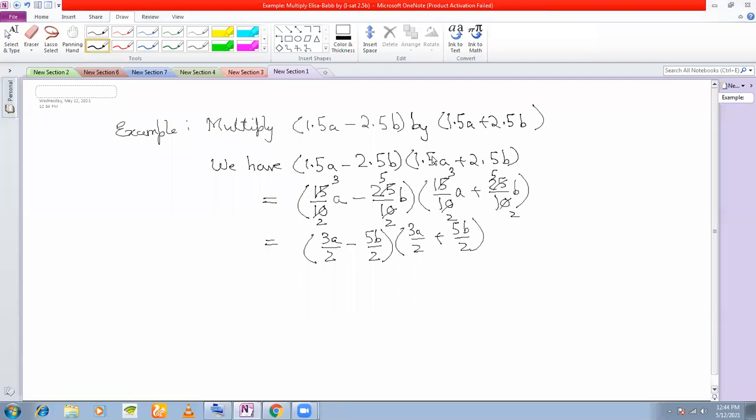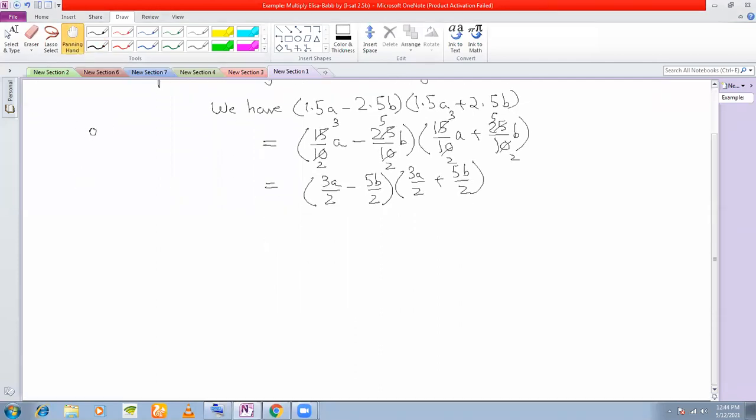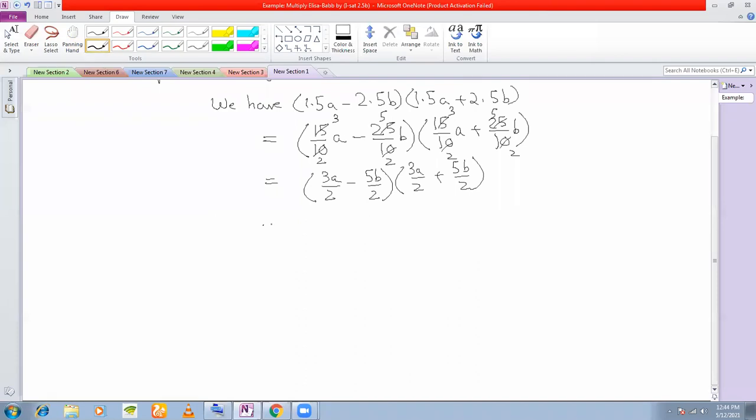Now you start multiplying. This is a plus here, this is a plus here. If you remember multiplication, I told you term by term multiplication is the best way to multiply. So you multiply plus 3a by 2 with plus 3a by 2. So you have 3a by 2 into 3a by 2.